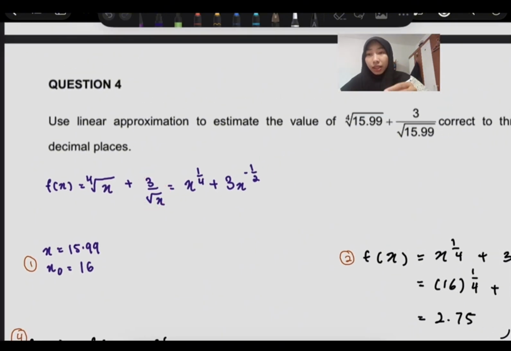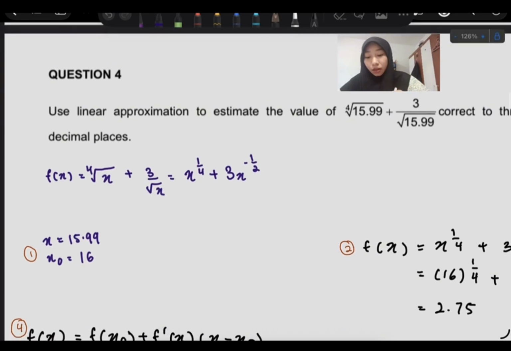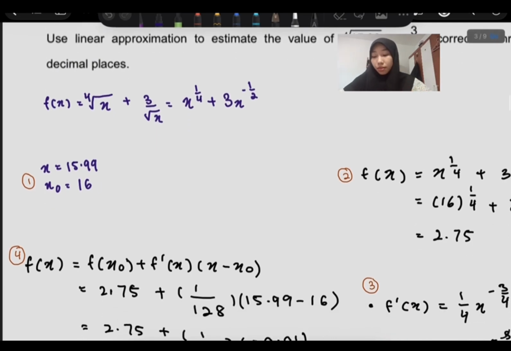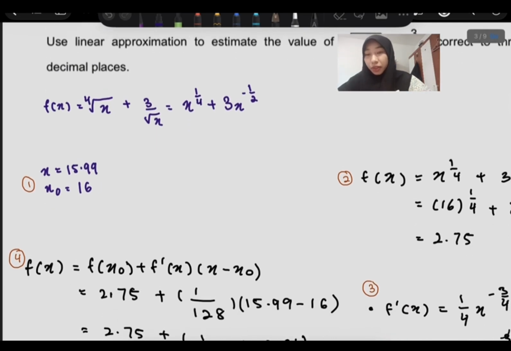So we rewrite this equation in exponent form as x to the power of 1 over 4 plus 3 times x to the power of negative 1 over 2.